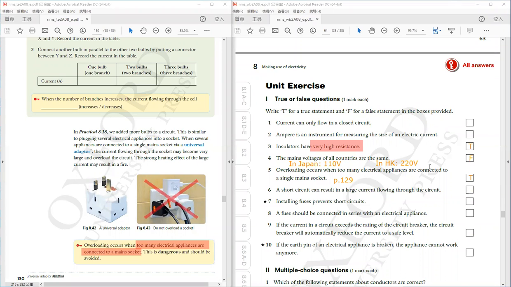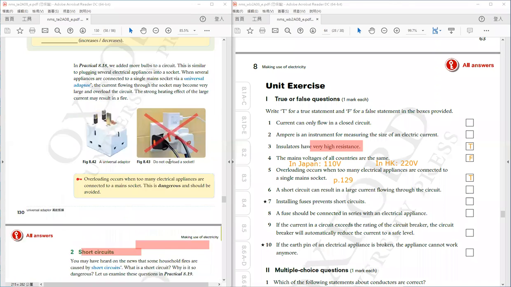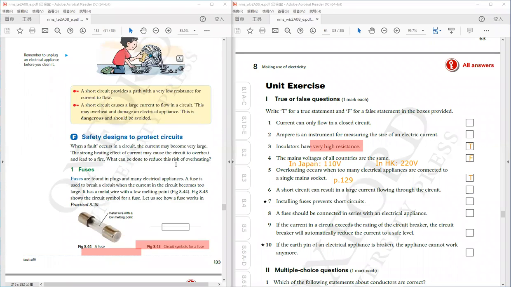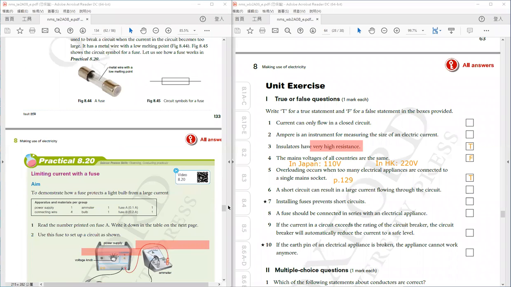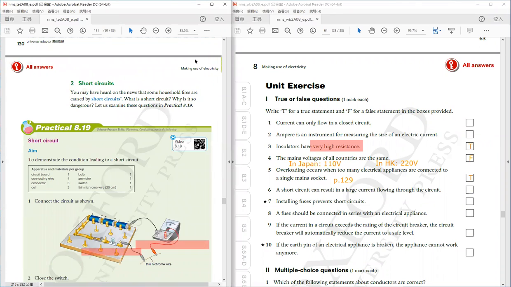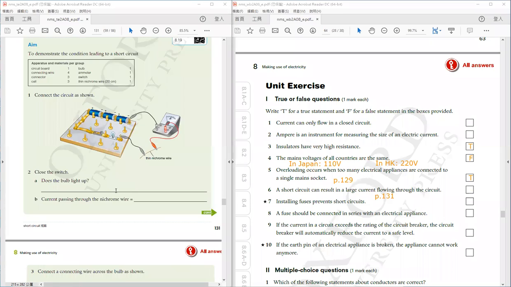Question 6, a short circuit. You can take a look on page 131. A short circuit can result in a very large current flowing through the circuit.